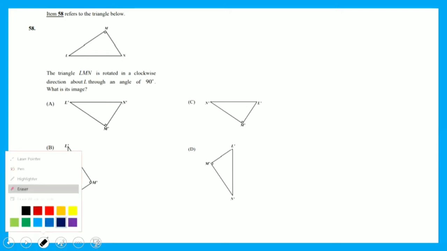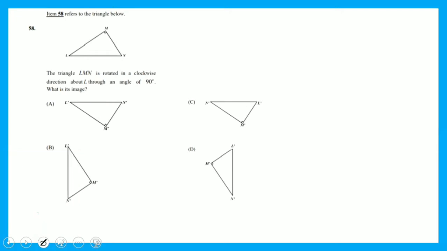And yesterday I showed you a little property, basically. We said that if we rotate something 90 degrees, then the angle between, so let's take, for example, here, LM.